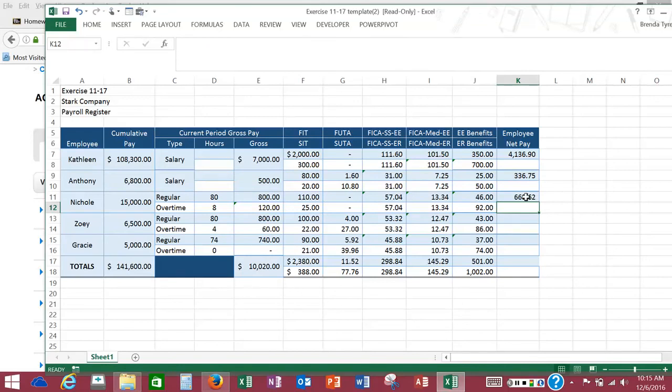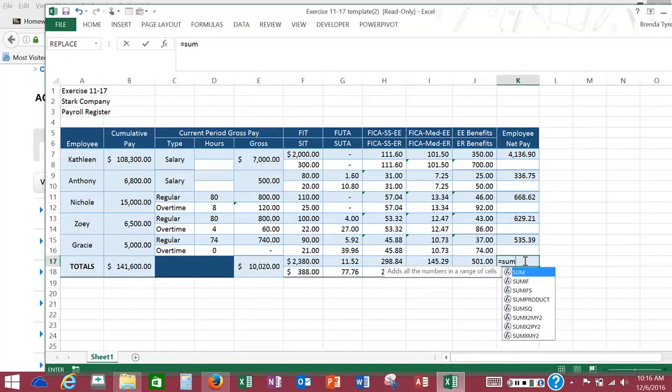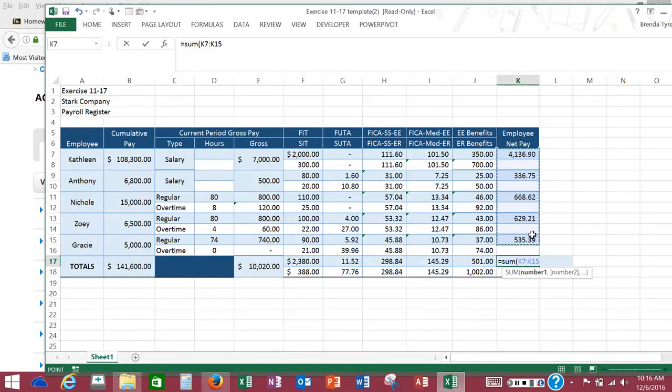And I should be able to copy that one to this employee, Zoe, and to Gracie. And now we can sum that. And we get $6,306.87 as our net pay.